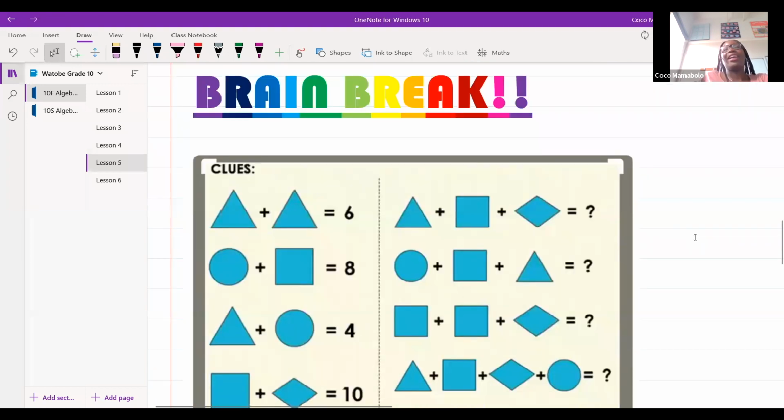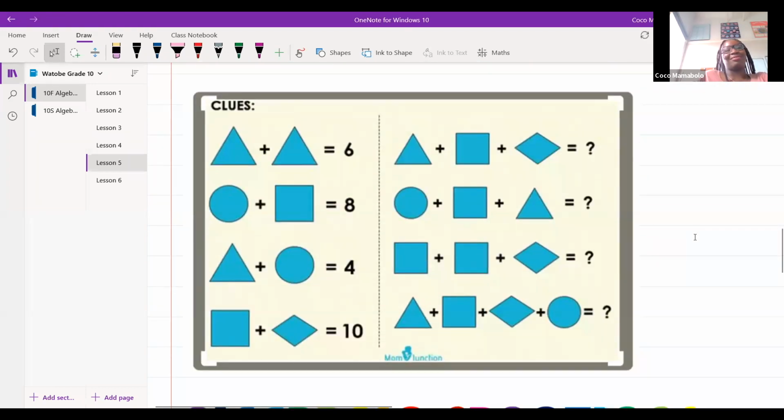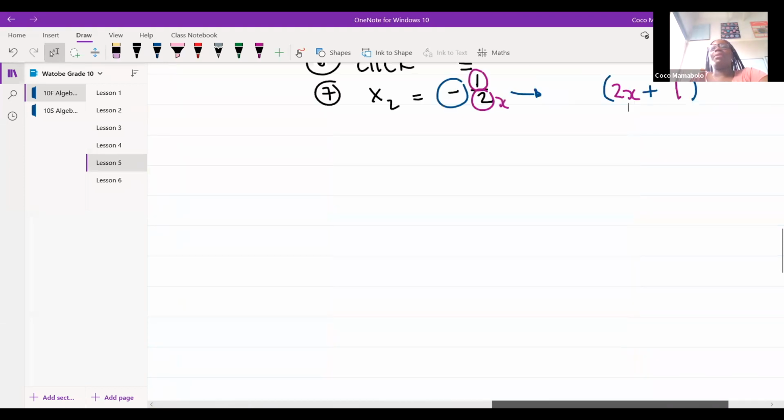Let's have a brain break. Okay. Nomaza's like, they don't need to know, ma'am. Okay, we'll let it go. Trust me, guys, it becomes a lot easier. Oh, Dumisa's like, no, wait, ma'am. Okay. Are you taking a screenshot? I hope it's a screenshot that you're taking. And Rita's like, I missed brain breaks.